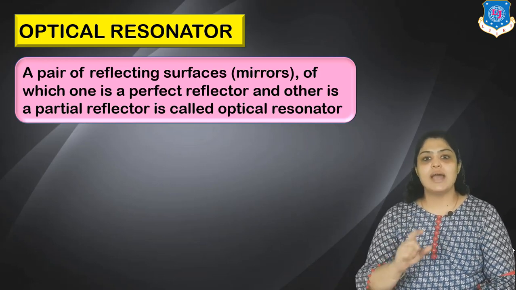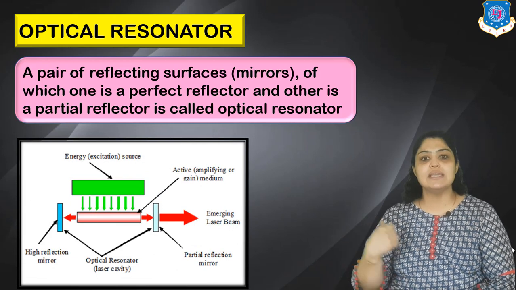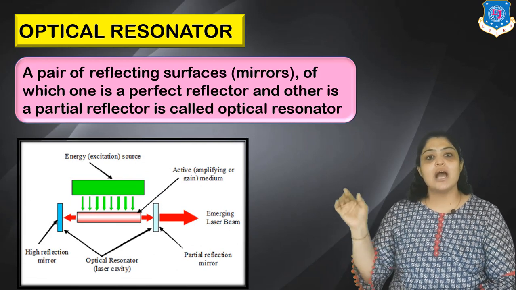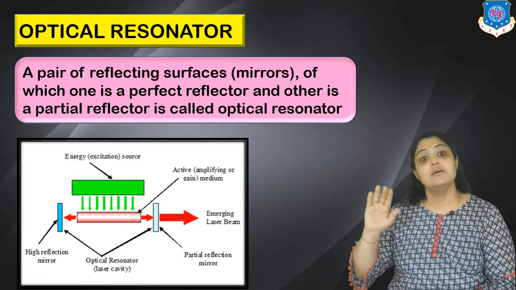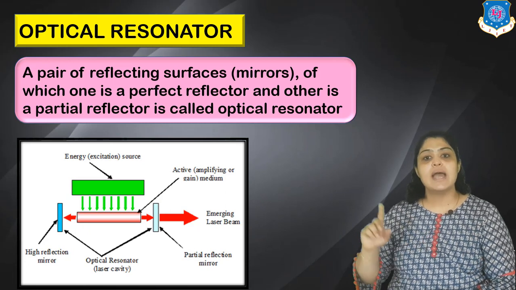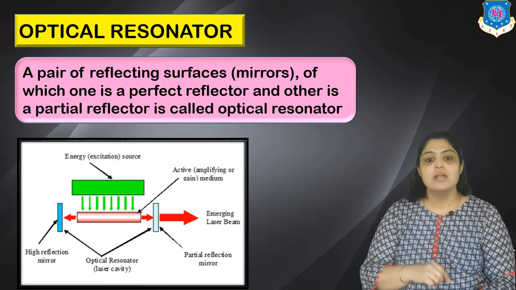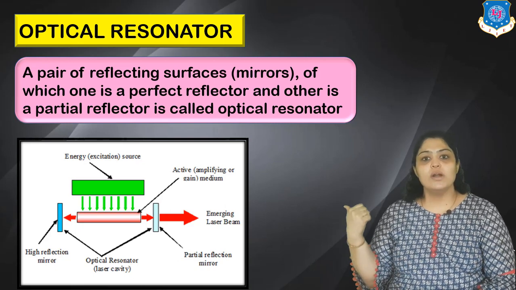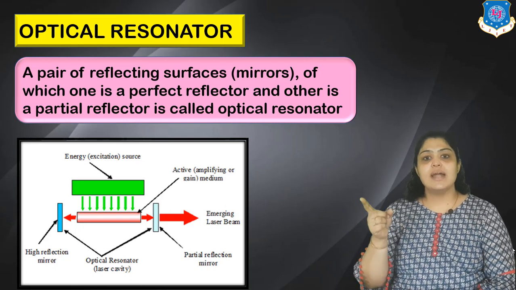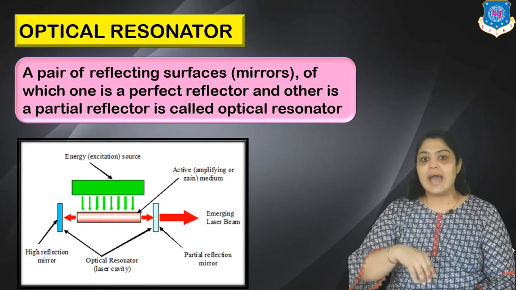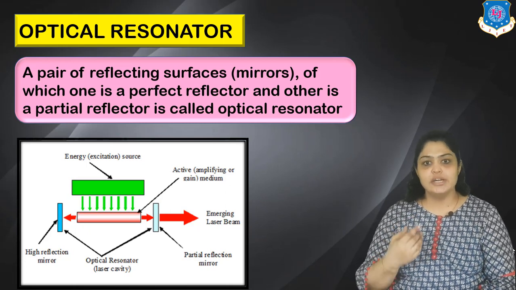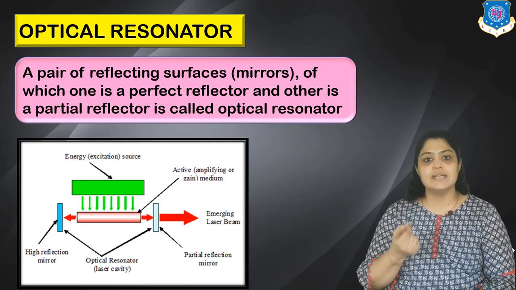Let's see what an optical resonator is. So you can see the diagram below. There is a dark blue colored mirror shown, which is a full reflecting mirror, and a light blue colored one. From there you can see the emerging laser beam. What actually happens is that suppose you have achieved population inversion, stimulated emission has started, and the photons are emitted.